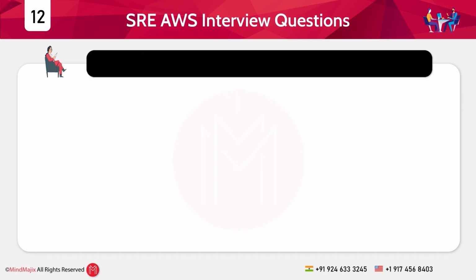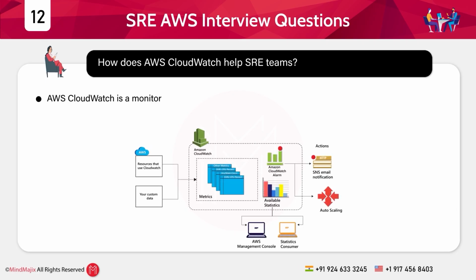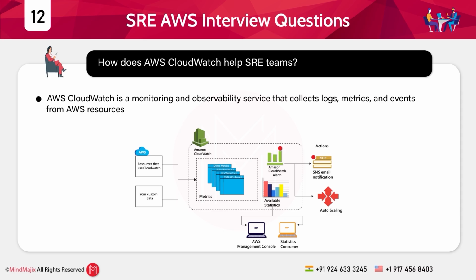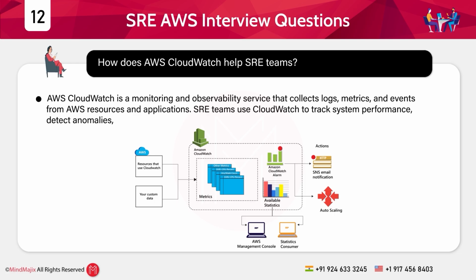The next question is, how does AWS CloudWatch help SRE teams? AWS CloudWatch is a monitoring and observability service that collects logs, metrics, and events from AWS resources and applications. SRE teams use CloudWatch to track system performance, detect anomalies, and set up automated alerts for incidents.